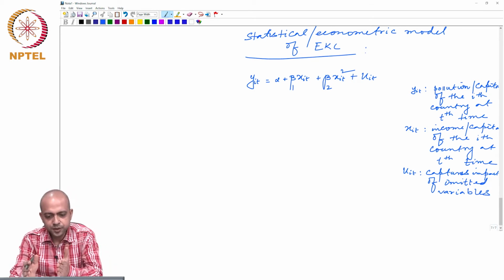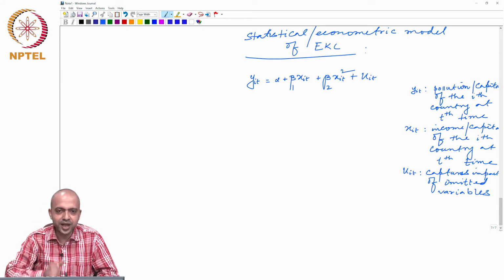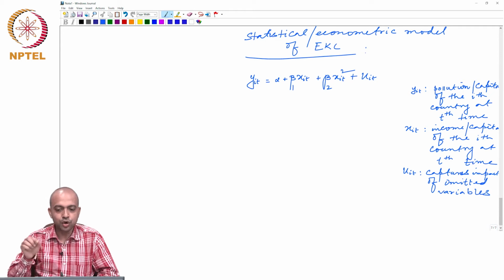Now, this is a generalized relationship between income and emission. EKC is basically a particular case of this generalized mathematical or statistical model, depending on what particular sign we are assuming for the parameters alpha, beta 1 and beta 2.